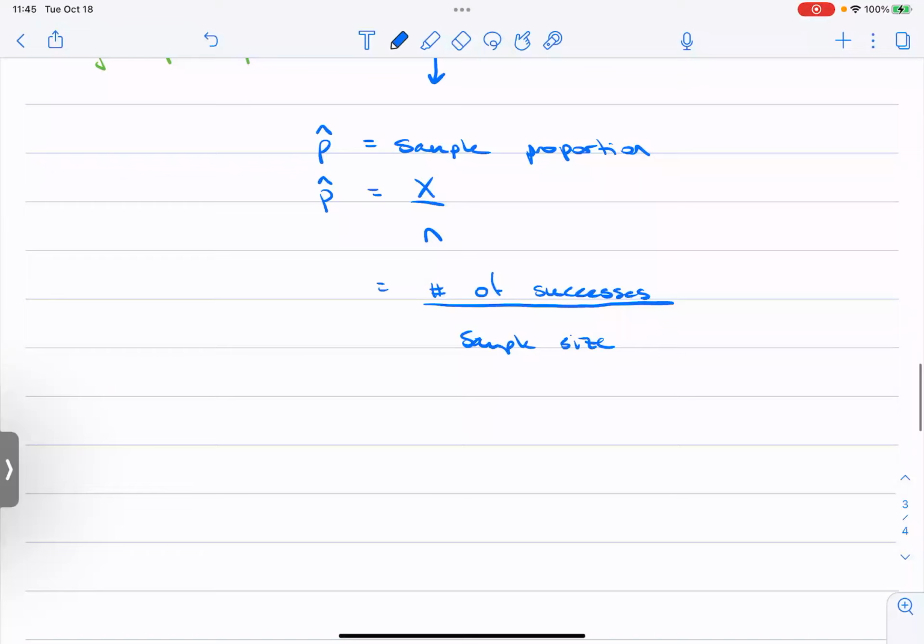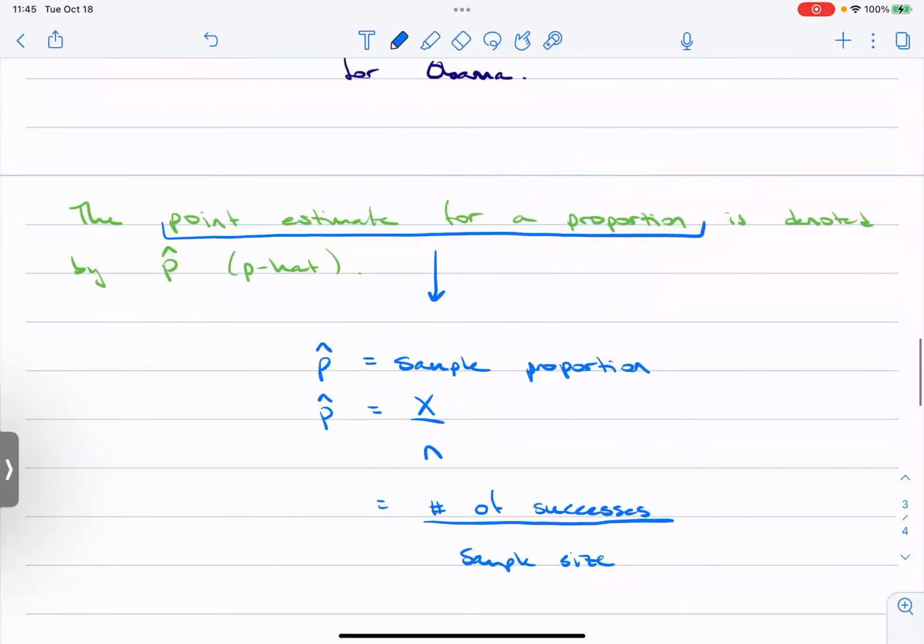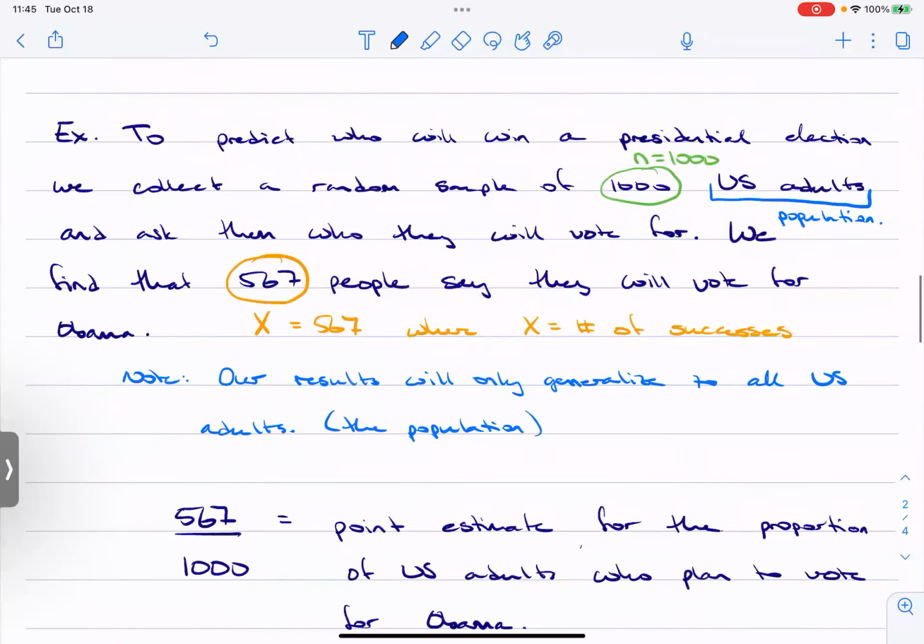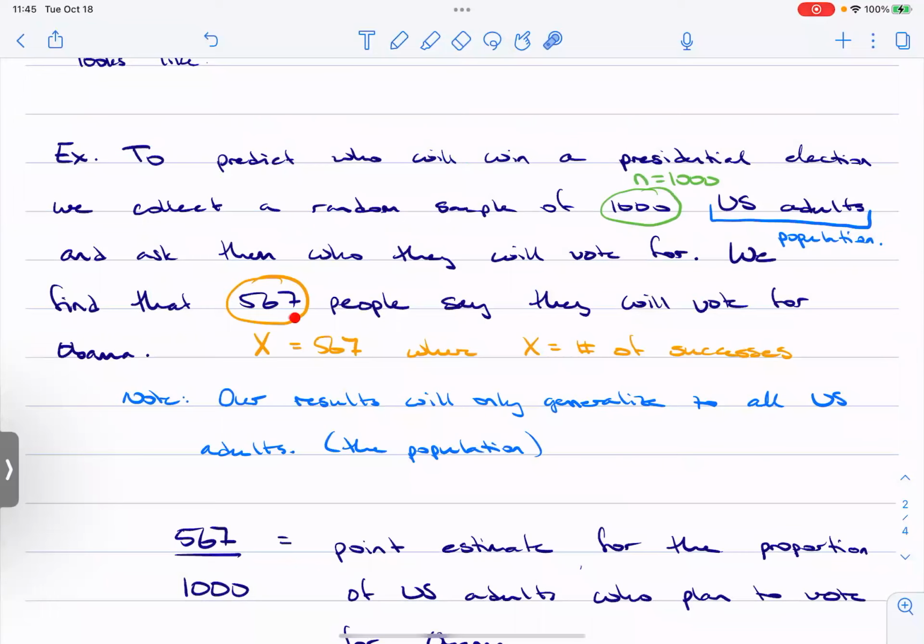I think even if I just gave you this little blurb, 567 people out of 1,000 say they're going to vote for Obama, and I asked you, what is the sample proportion of people who say they'll vote for Obama? You would probably just do 567 over 1,000 in your natural thinking.